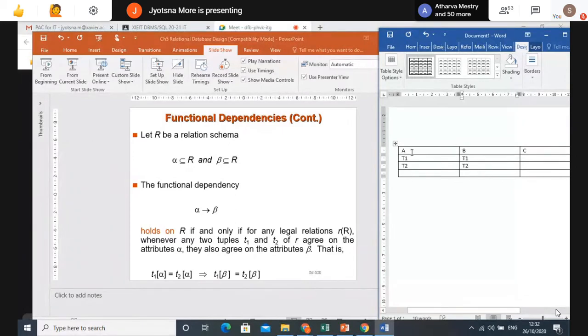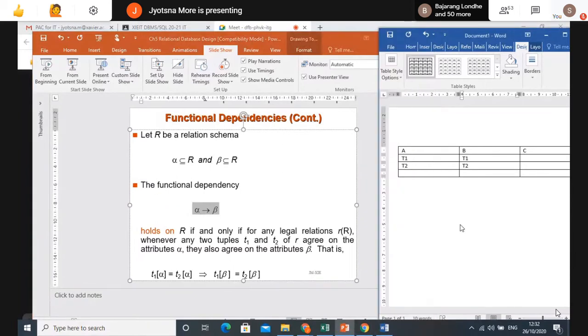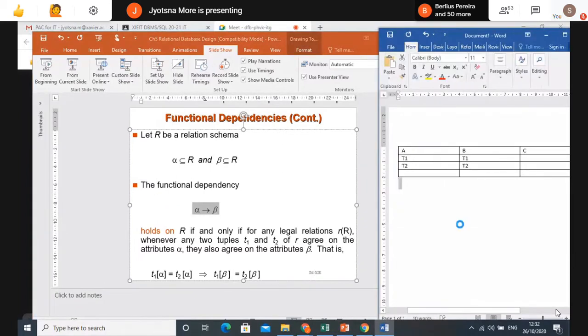Clear? When I am saying A determines B is present in this relation, it means whatever value I have for A here, if it is equal to this value, then I have to say that the same value is present for T1 of B equal to T2 of B. The value can be different.